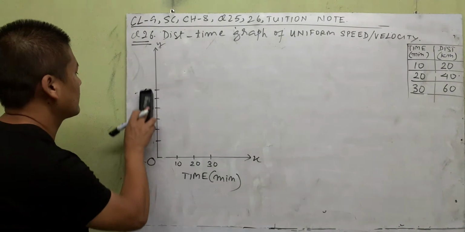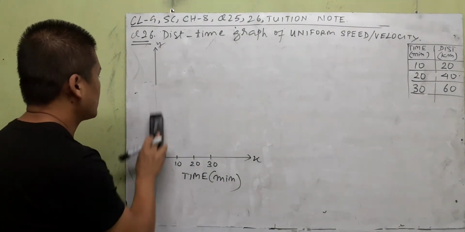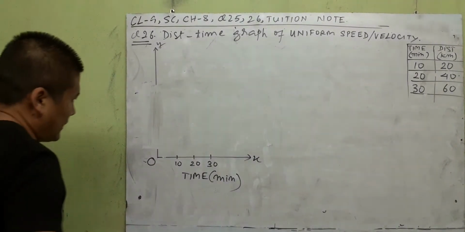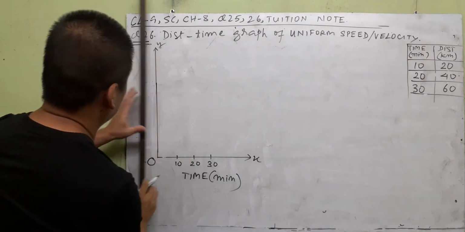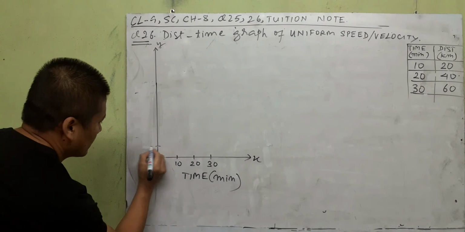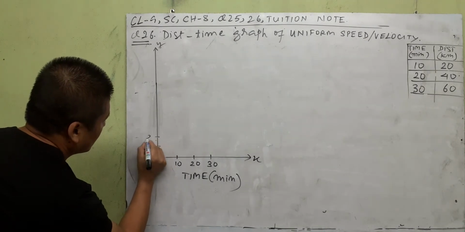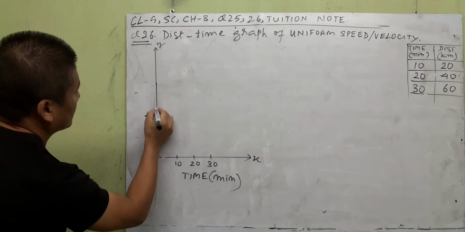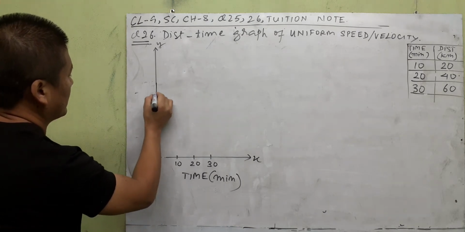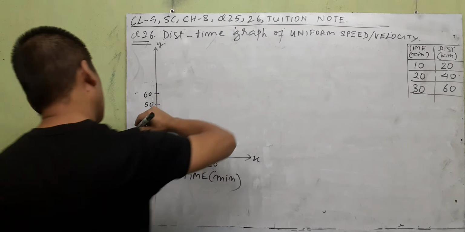Maybe we can draw it slightly closer so that we get a clear graph, and there is space up there for explanation later on. So here 10 kilometers, 20, 30, 40, 50, and 60 kilometers.